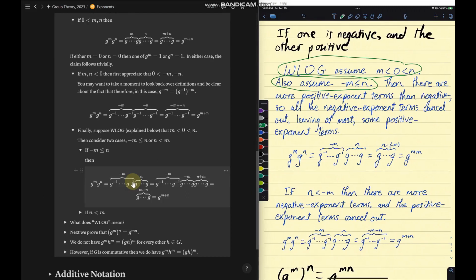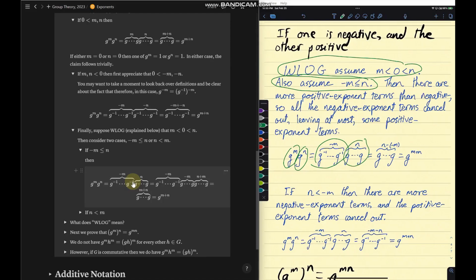So let's consider for our first assumption that negative m is less than or equal to n. Now, what this basically means is that when we're thinking about g to the m, and we know that that corresponds to negative m products of g inverse, that's what we're going to get over here. We're going to have n products of g.